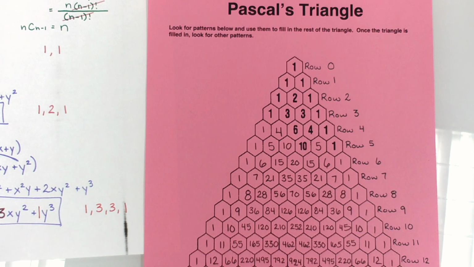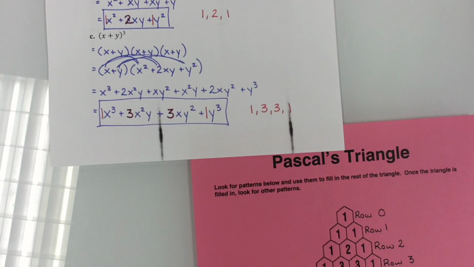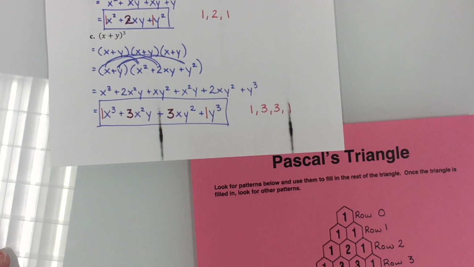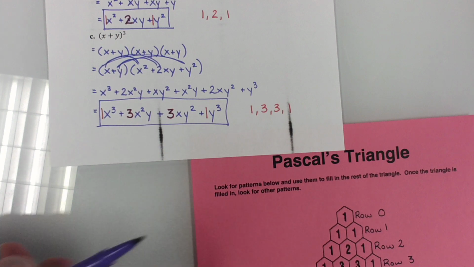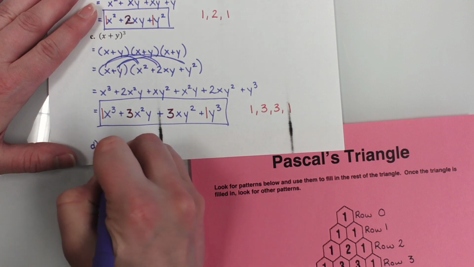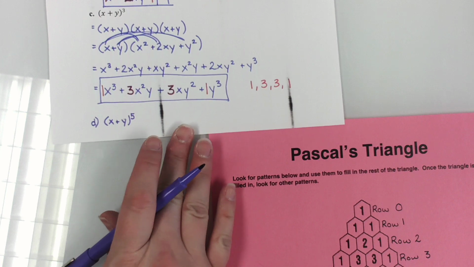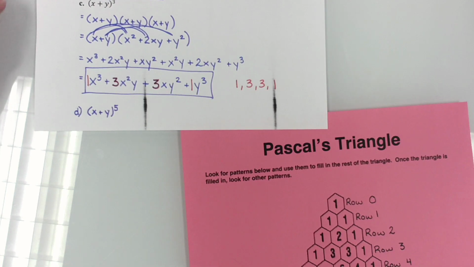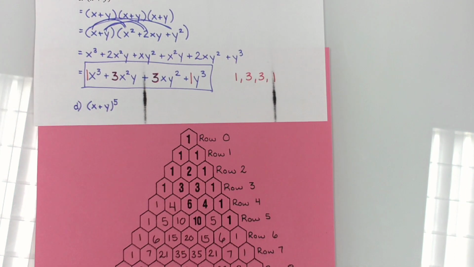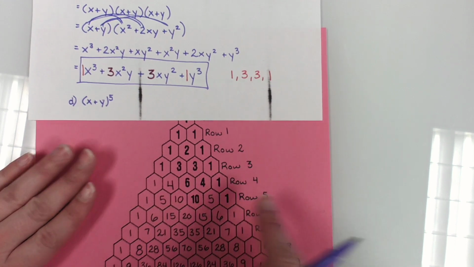So, if that is the case, without actually doing the expansion, anyone think they can tell me what x plus y to the power of 5 probably looks like? Coefficients will go 1, 5, 10, 10, 5, 1.